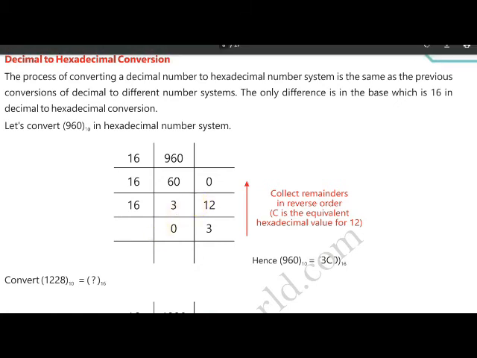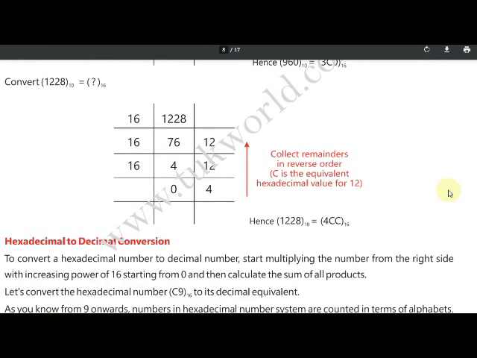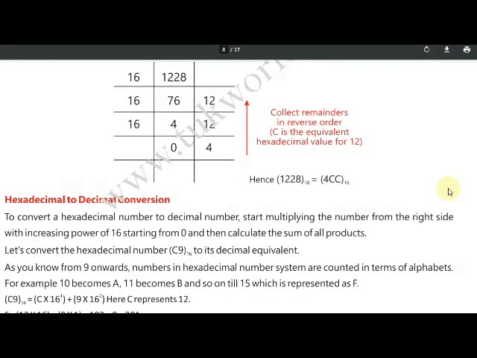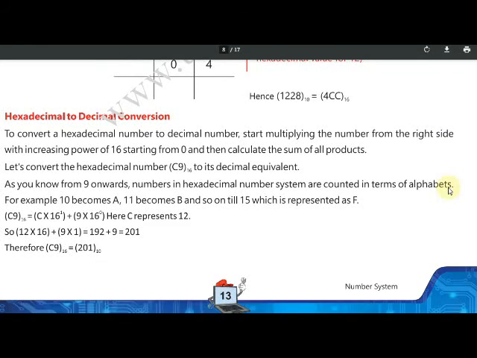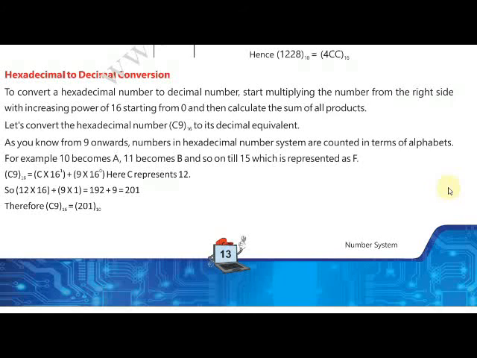Now let's see the vice versa process, that means how to convert hexadecimal to decimal. Here also we use the same process which we use to convert octal to decimal and binary to decimal. That means we multiply each and every digit with the base of hexadecimal by increasing the power index of the base from right to left.